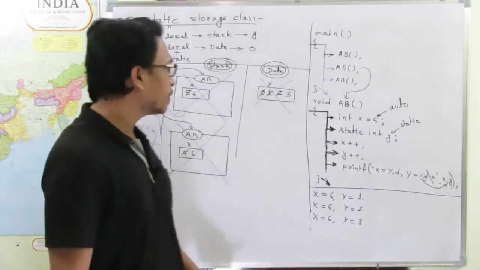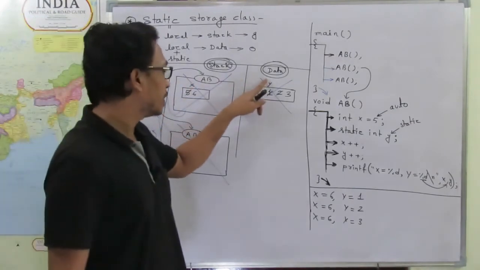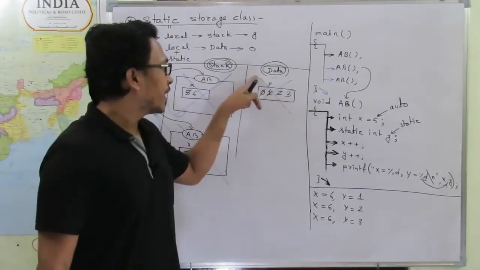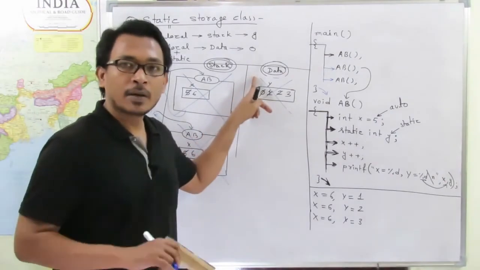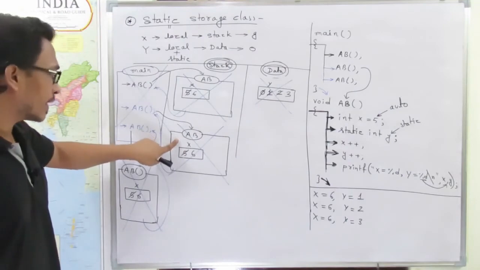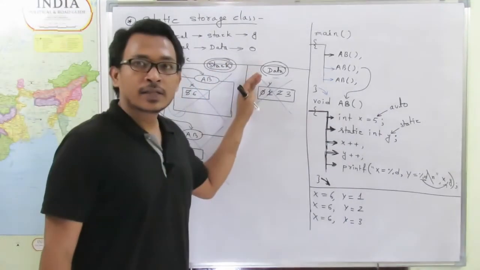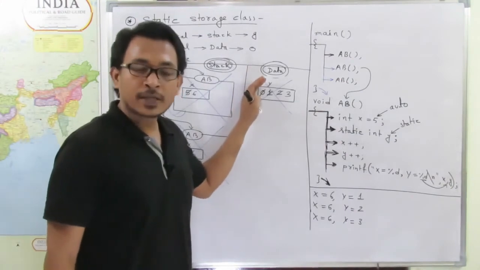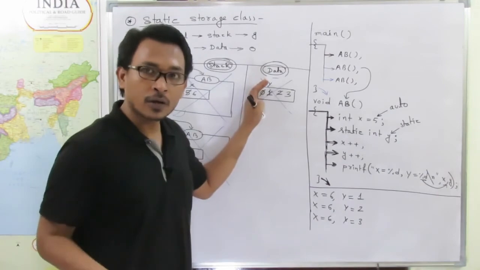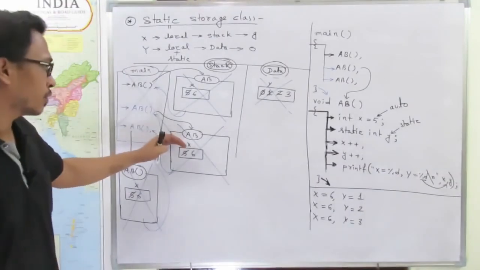Clear? So this particular function instance allocated the memory to the variable y. Now in this instance of execution of the AB function, the same static variable, the same memory block for the variable y, will be used by this instance also.